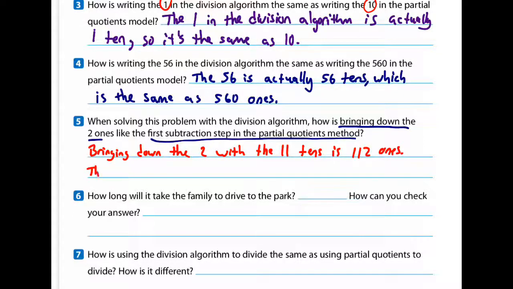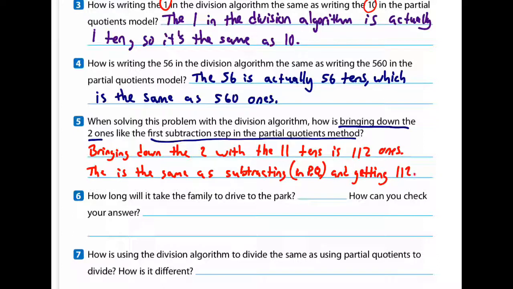This is the same as subtracting, I'm going to say in partial quotients, in PQ. PQ is going to stand for partial quotients. As subtracting and getting 112. Okay? So, that's kind of confusing to explain, but that's really the difference.